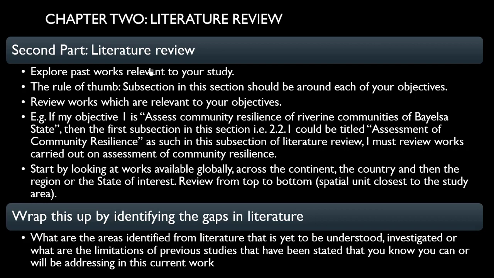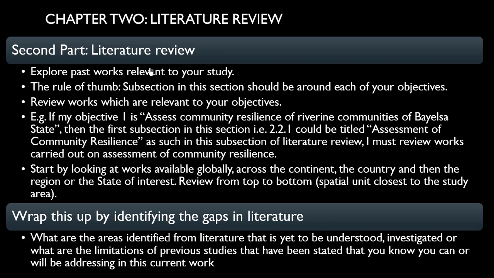That is my suggestion, and I think if you go through literature as well, you'll see that this is a good practice. So you start by looking at the works that have been done globally, then you bring it down to what has been done within the continent or within the region, and then you move on to what has been done within the country, what has been done within the state of interest, locally, closer to where you are working.